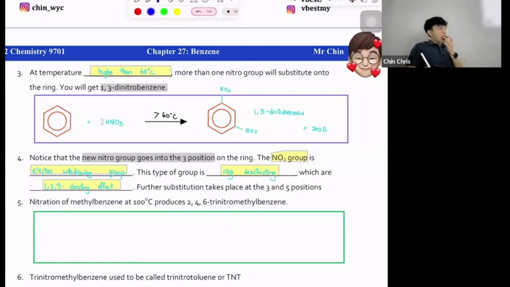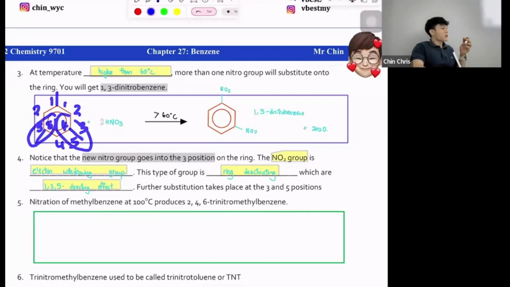Oh, I thought it's 4, 2. Why is it 5? Because let's say if you have excess, then you can go into third position, fifth position. Because this position and this position are the same. 1, 2, 3, 1, 2, 3. 4, 5, 4, 5. Only for this.